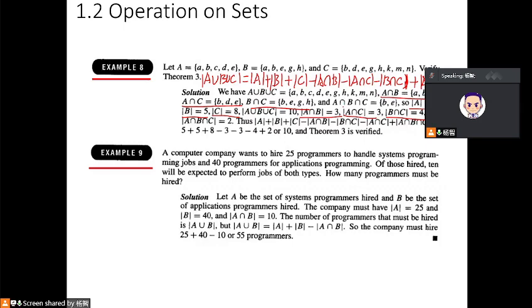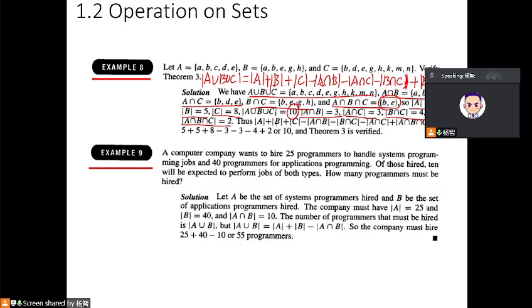The intersection of these 3 sets only has B, E, so the cardinality of the intersection of A and B and C equals 2. And the union of A and B and C is A, B, C, D, E, F, G, H, K, M. So the cardinality of the union is equal to 10.